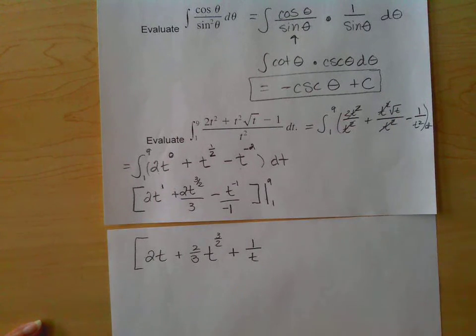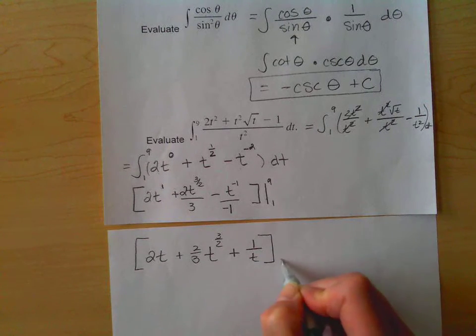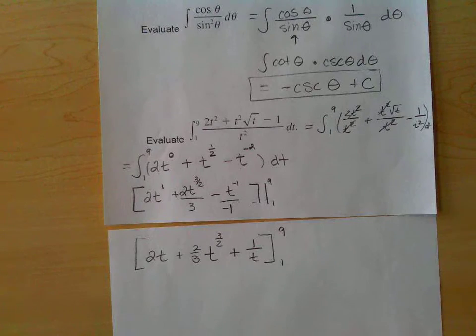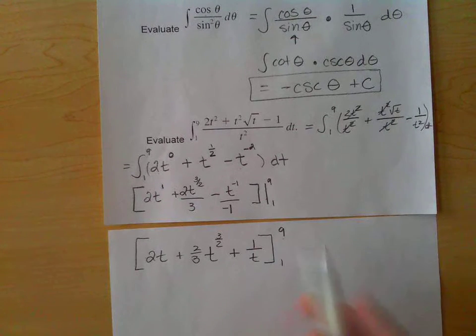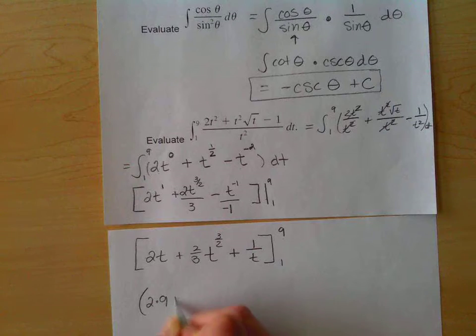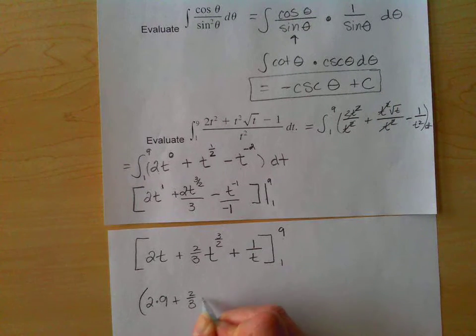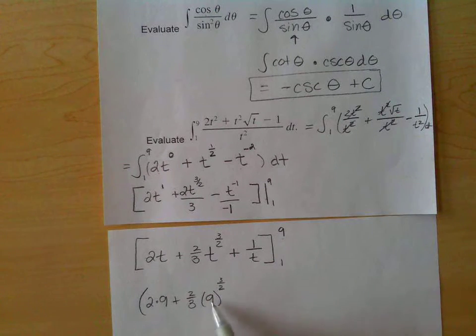Now what I want to do is integrate this from t equals 1 to t equals 9. Just a matter of doing some arithmetic. I'm going to start with t equals 9. Now 9 to the 3/2, the square root of 9 is 3, 3 cubed is 27.